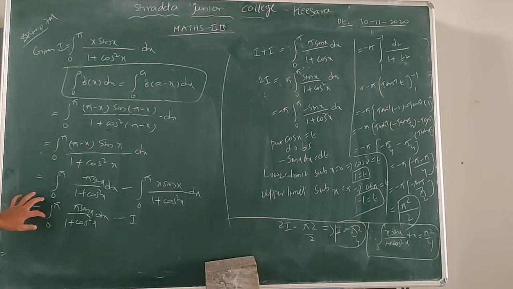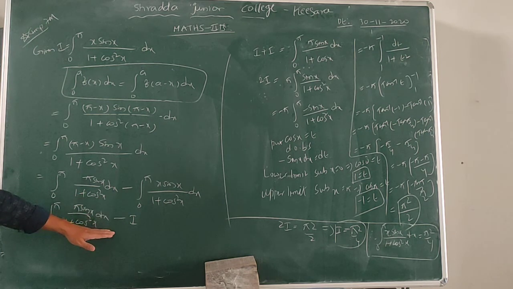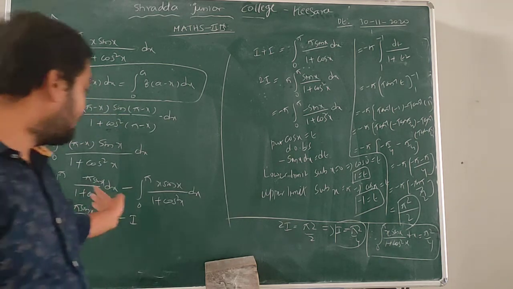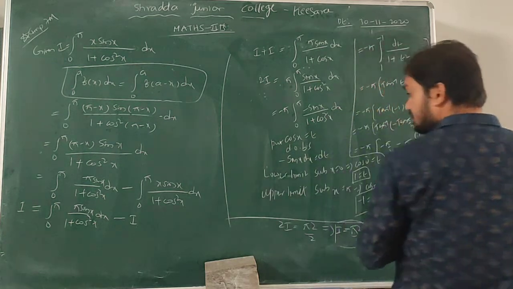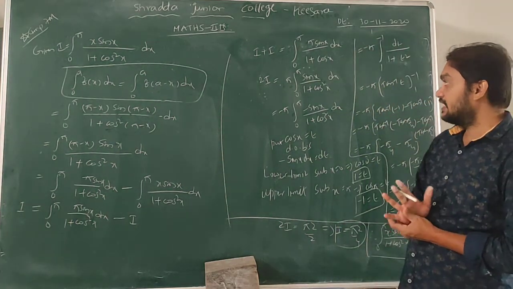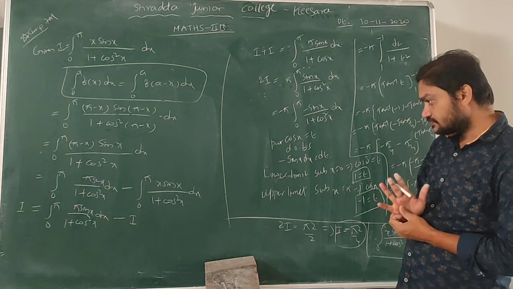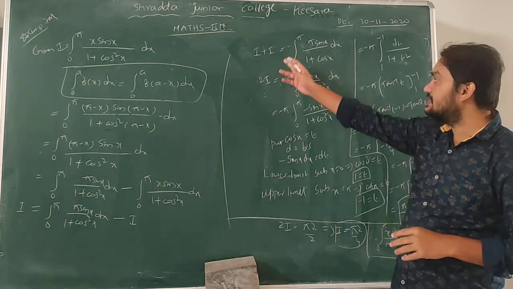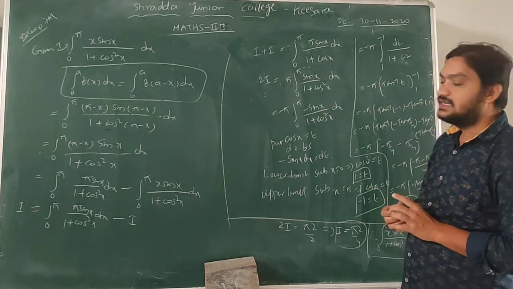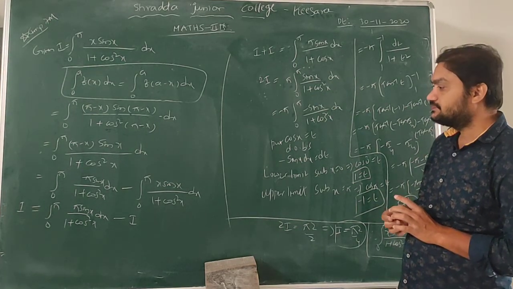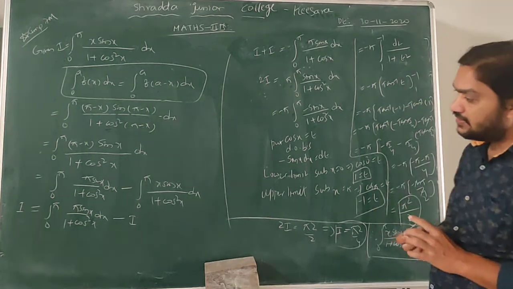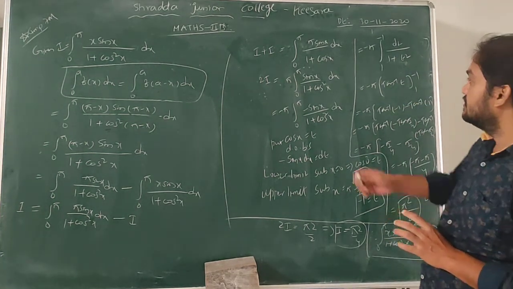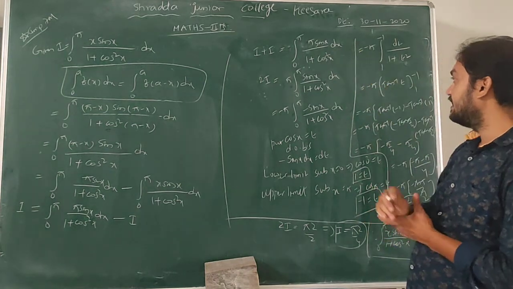Now see, integration 0 to pi x sin x by 1 plus cos square x dx, this is denoted by I. So minus I goes that side, then it is plus I. I plus I equals integration 0 to pi pi sin x by 1 plus cos square x dx.